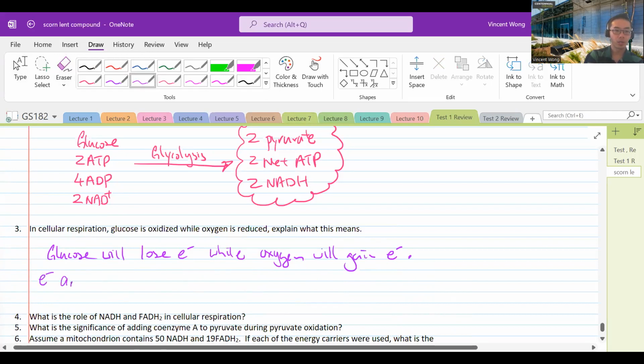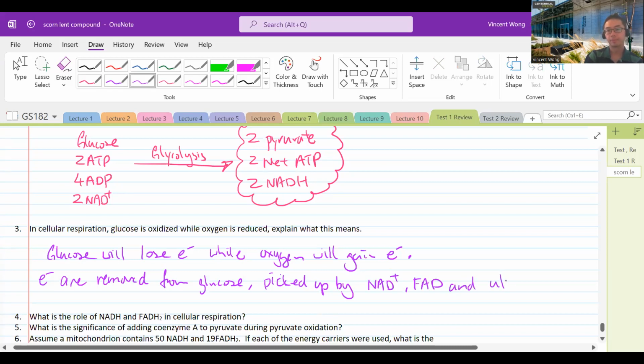So electrons are removed from glucose, picked up by energy carriers NAD plus and FAD, and ultimately transferred to oxygen, which is the final electron acceptor, right?